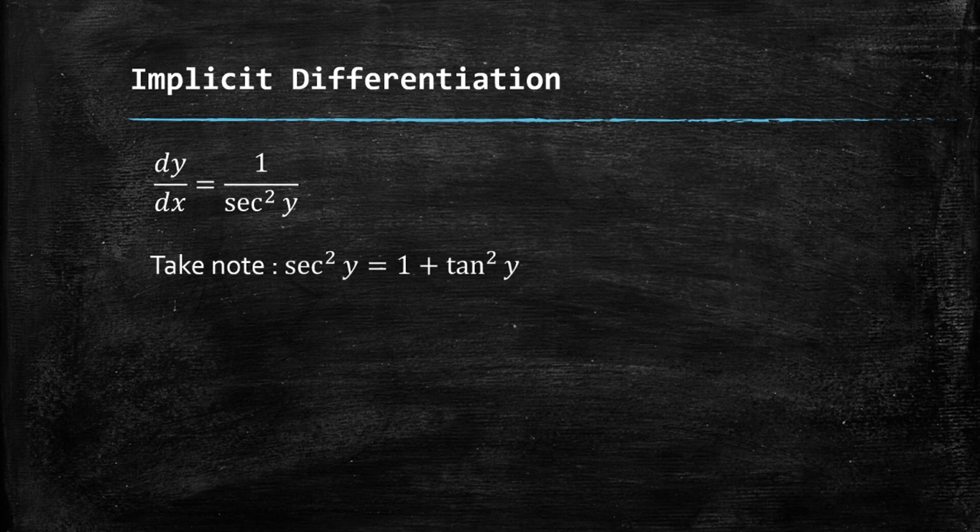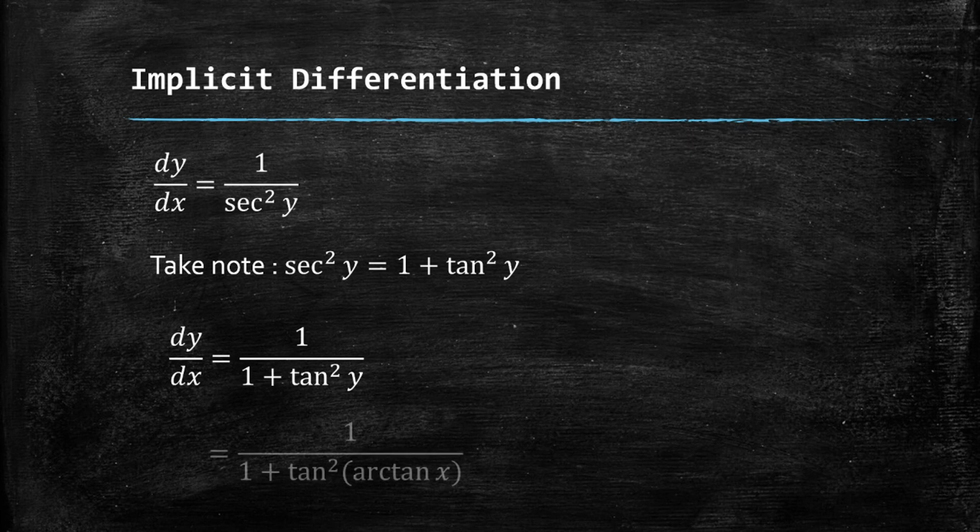Take note, in the Pythagorean identities also, we have secant squared y equals 1 plus tan squared y. Substitute the identity, so we'll have 1 over 1 plus tan squared y. Then of course our y is arctan of x, so take note, our goal is to have a derivative with respect to x and not y.